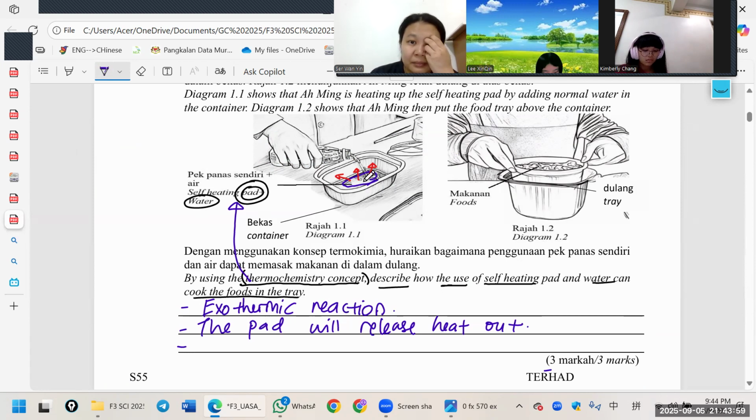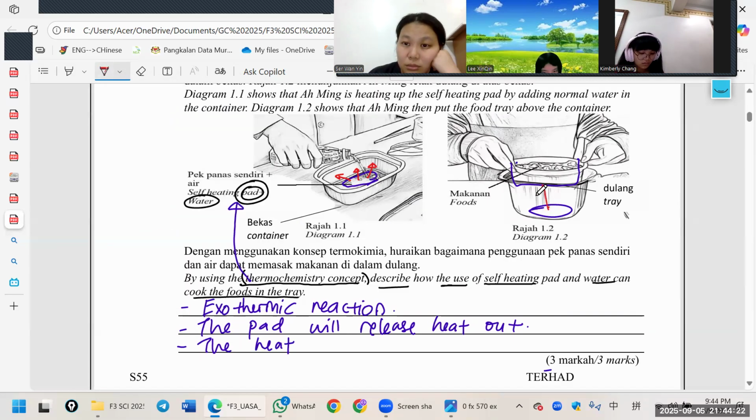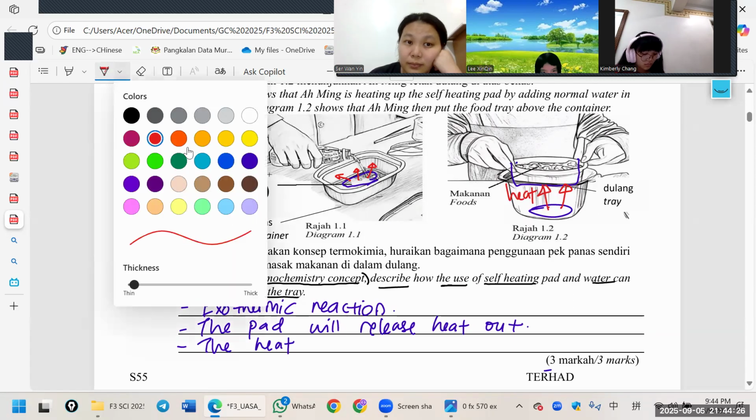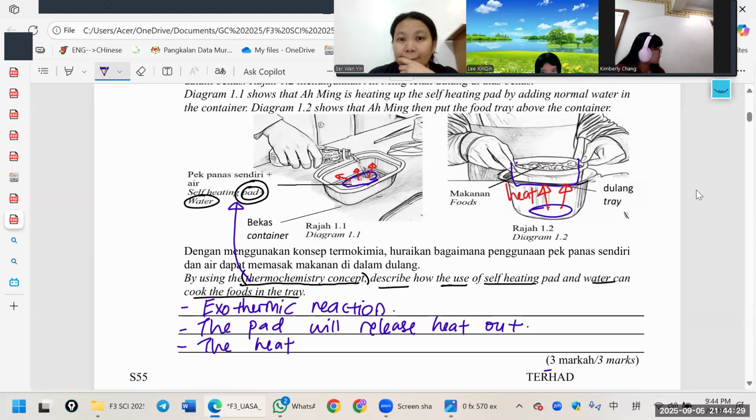So release heat out, then you put the tray and food on top. You must tell how the heat moves. Oxygen diffuse? Human run?